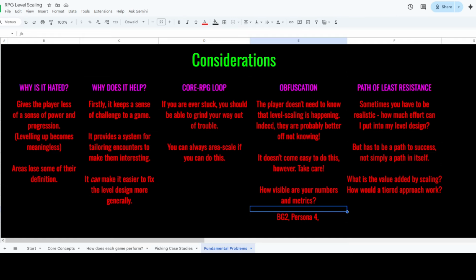Like obviously with Baldur's Gate 2 and Fallout to a slightly less degree, but nevertheless still the case, you can see the dice there. You can see what the rolls are. Obviously, Baldur's Gate is using D&D, so it's using a strictly dice-based system, whereas Fallout is more a calculation-based system, but you can still see the details.